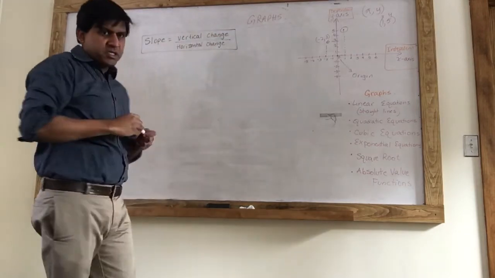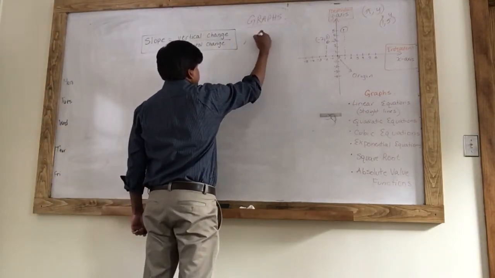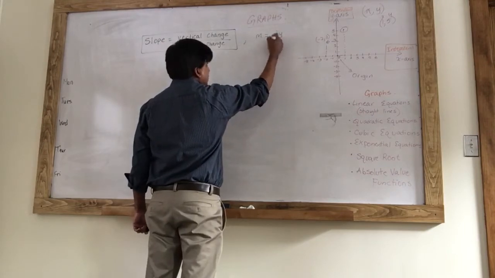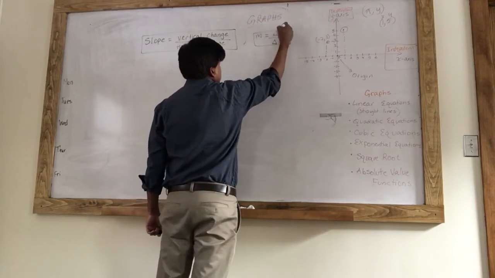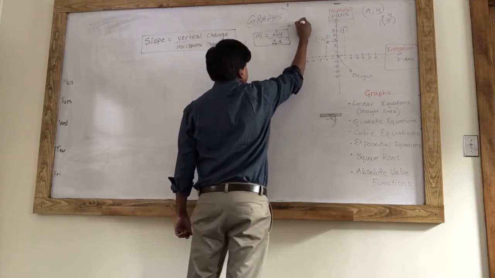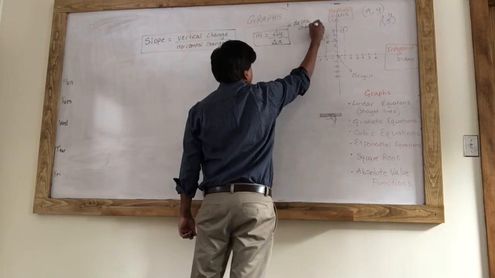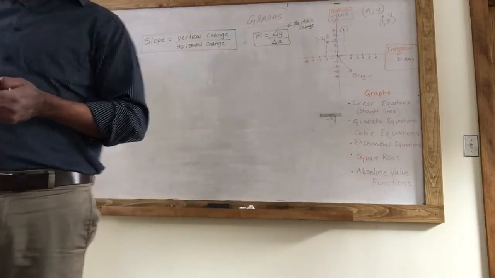Right? So two things. In some books you might see it this way. So the symbol for slope is m, and change in y or change in vertical axis divided by change in horizontal axis. This thing's called a Greek letter called delta, which means change, right? It's a mathematical symbol that we use and we call it change.